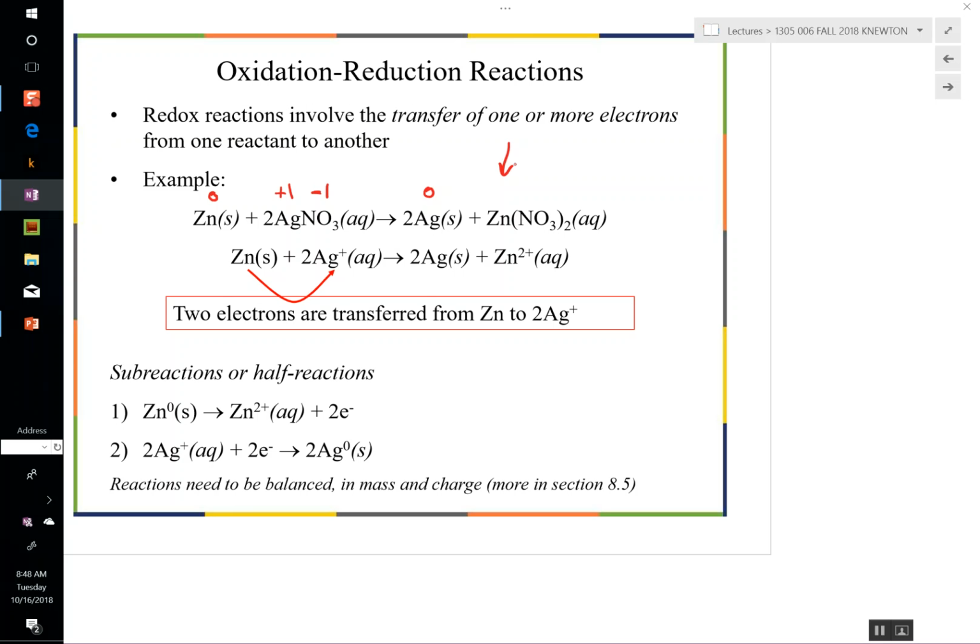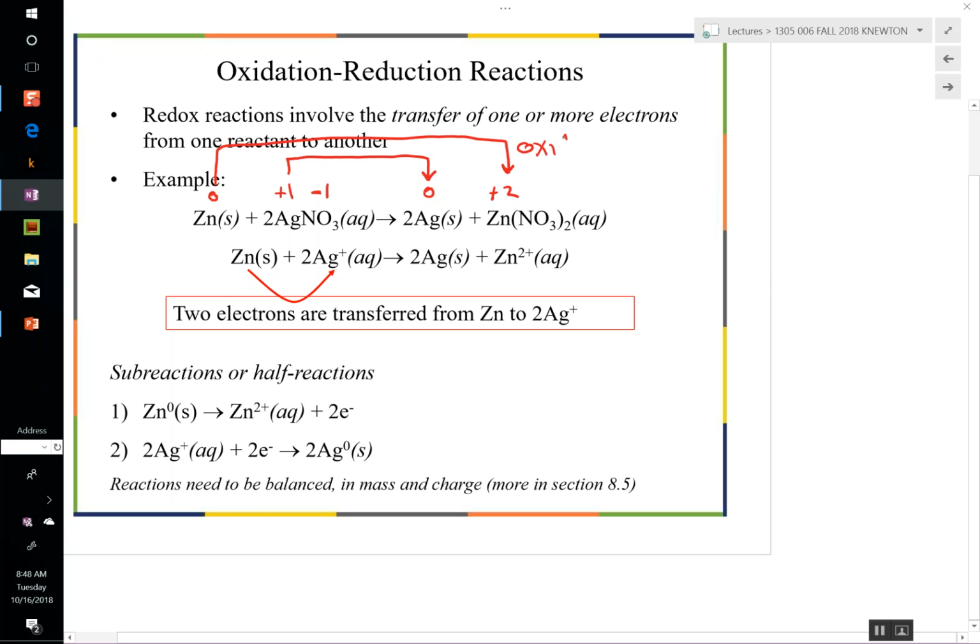Okay, the nitrate, there's two nitrates, and the nitrate has what charge on it? -1. There's two of them, so that is telling you that has to be a +2. So what am I saying here? The silver is going from a +1 down to 0, and the zinc is going from a 0 up to a +2.